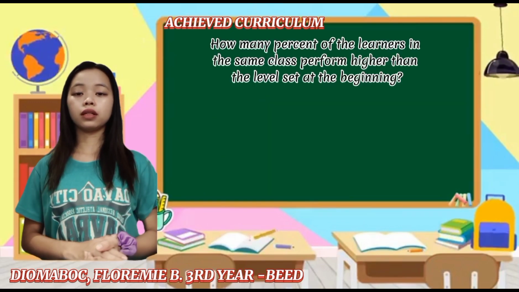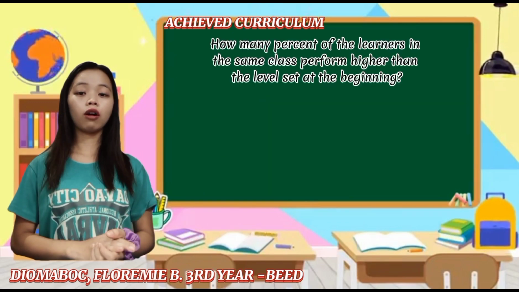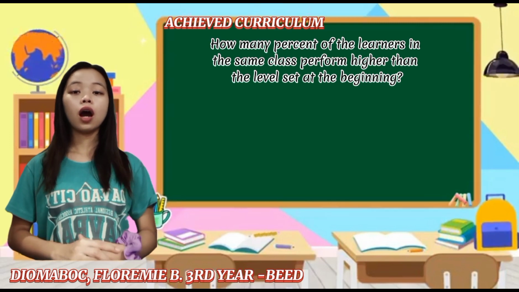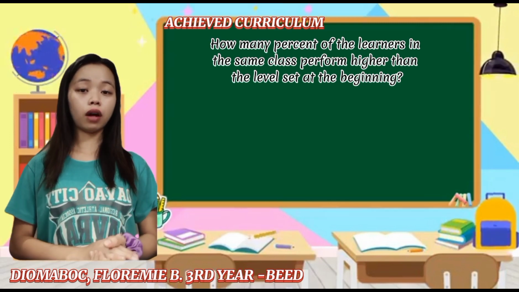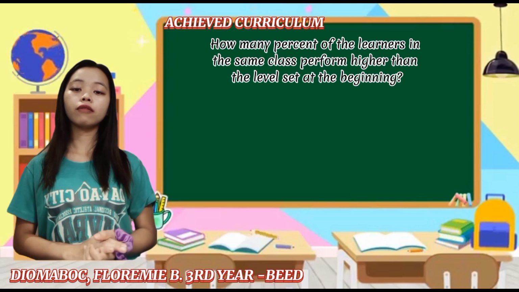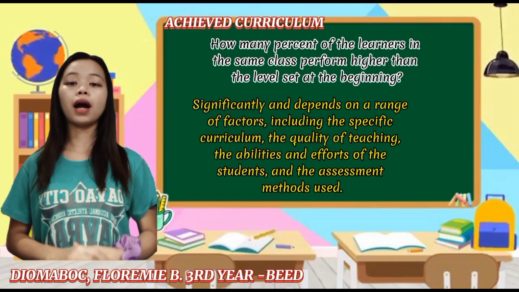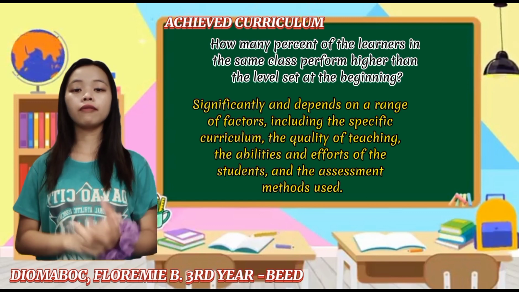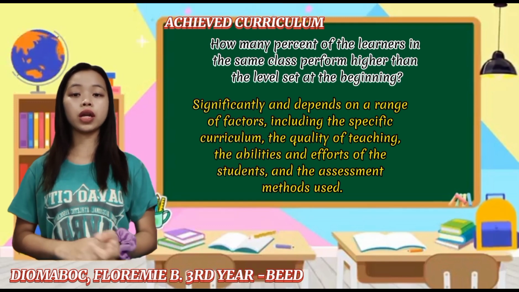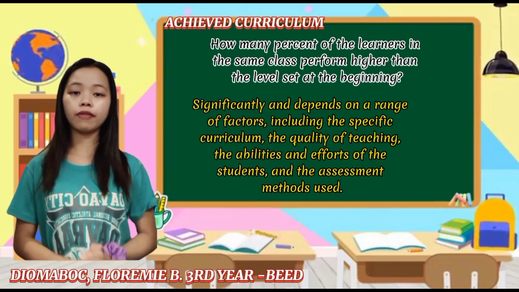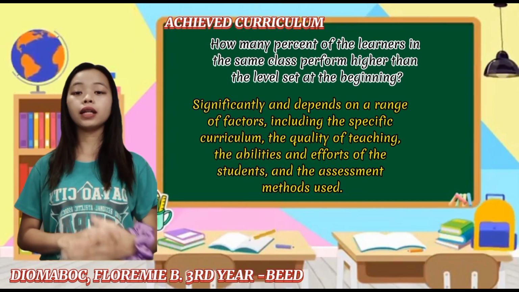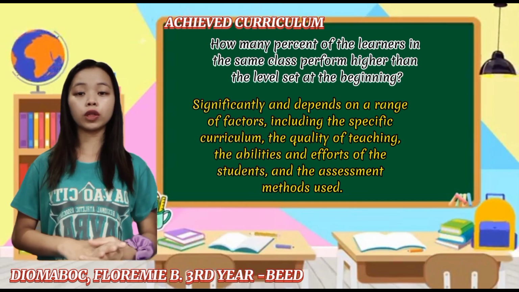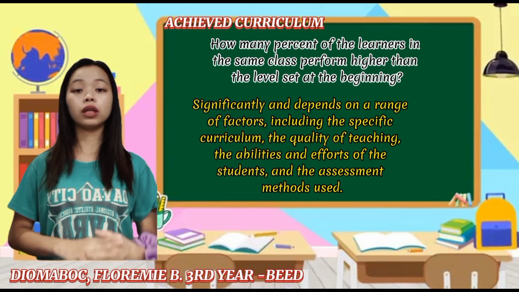The next question is, how many percent of the learners in the same class perform higher than the level set at the beginning? The percentage of learners in a class who perform higher than the level set at the beginning can vary significantly and depends on a range of factors, including the specific curriculum, the quality of teaching, the abilities and efforts of the students, and the assessment method used.